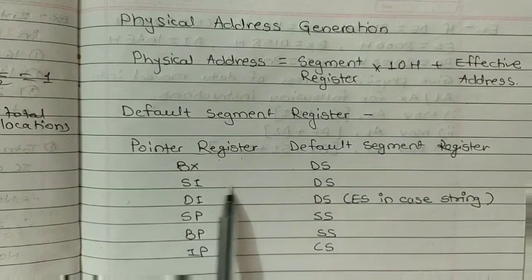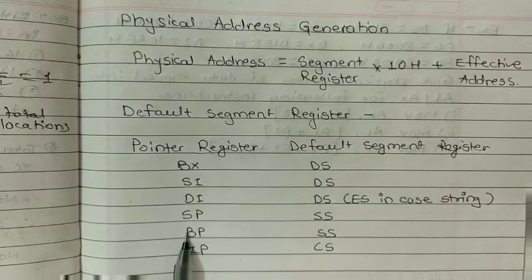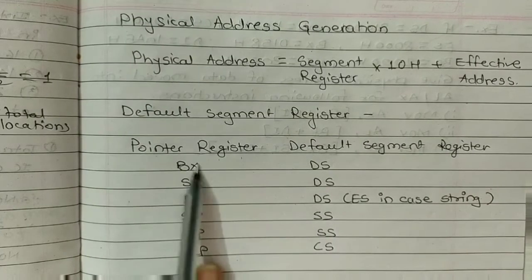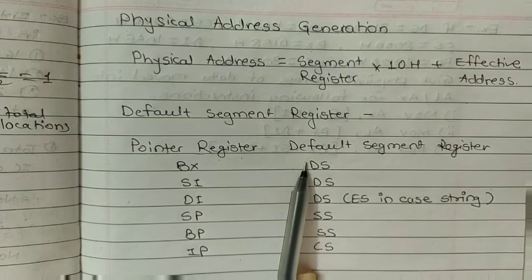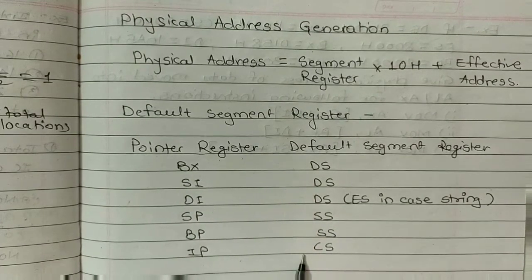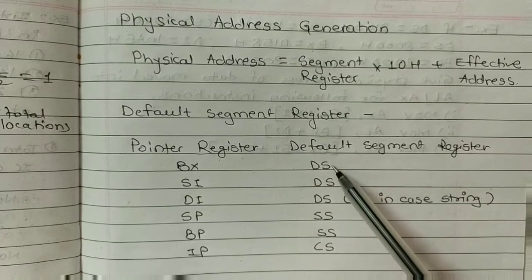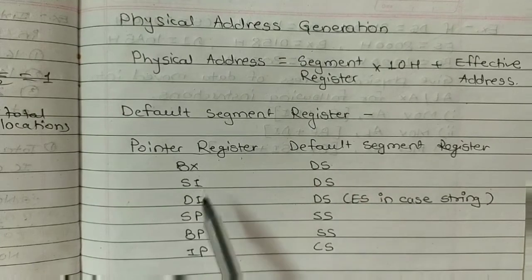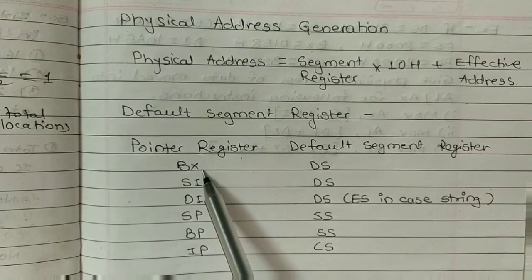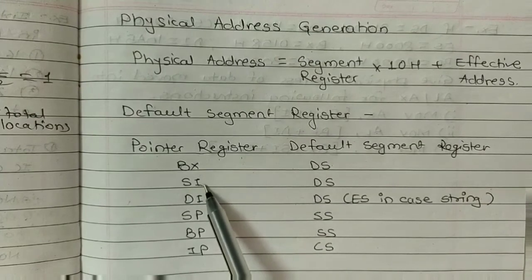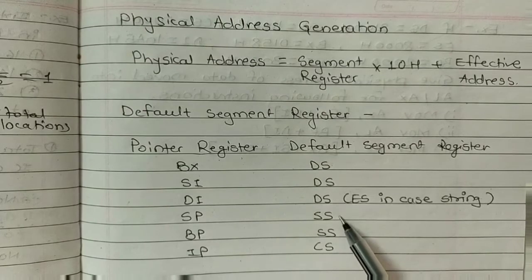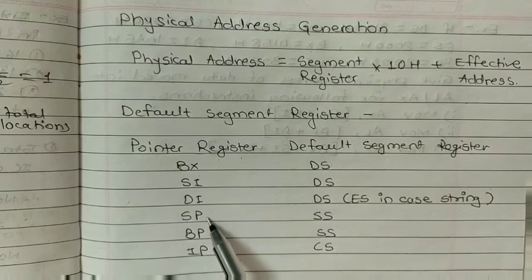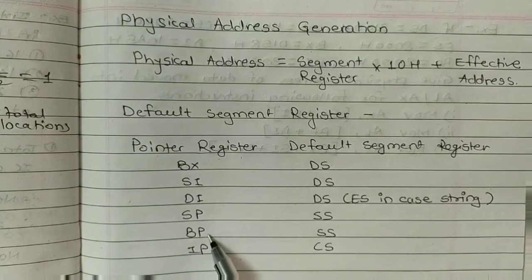We have also seen this table in previous lecture. These are the pointer registers and this is the default segment register. For segment register DS, we are having 3 pointer registers BX, SI and DI. For default segment register SS, we are having 2 pointer registers SP and BP.